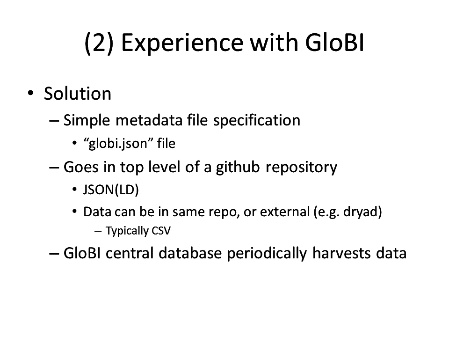So the solution we came up with was a simple JSON file format, and the idea is people put this globi.json file in the top level of their GitHub repository, and that GitHub repository can either contain some species interactions, for example, as a tab-separated file or in JSON, or it can perhaps point to an external repository.